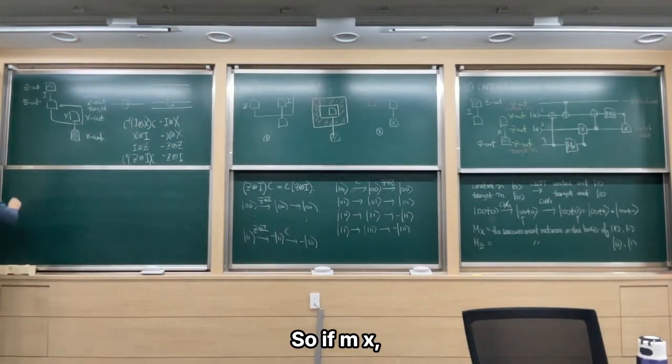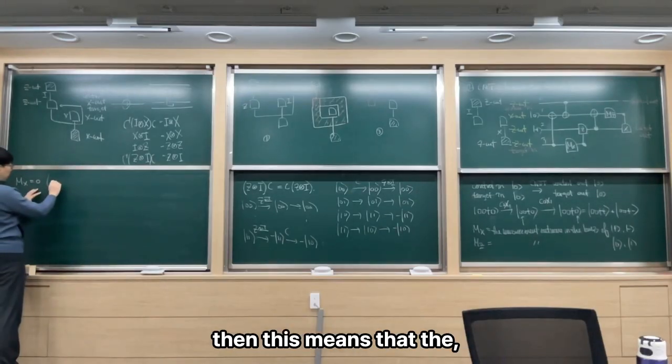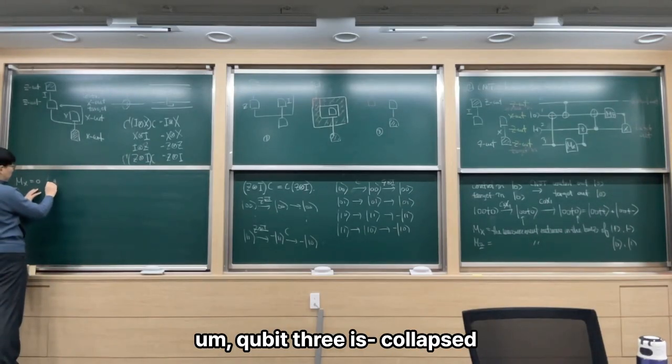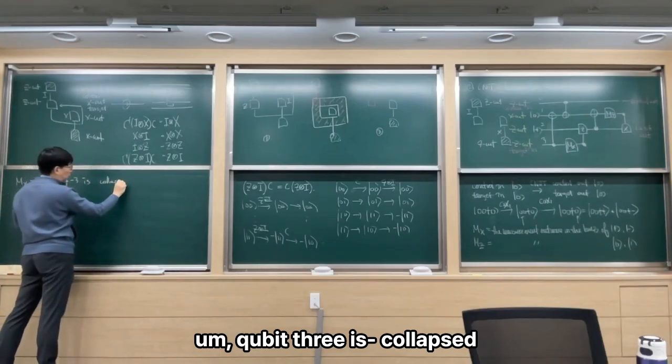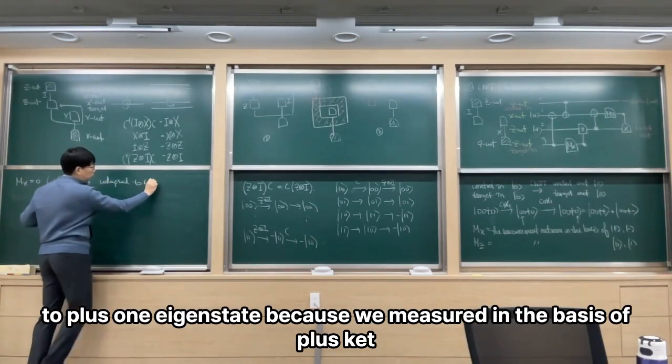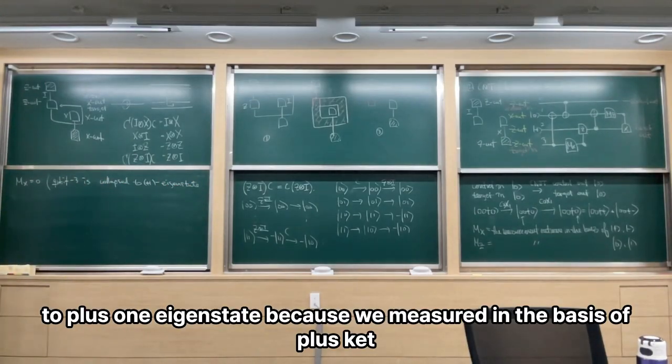0 or 1. So if mx, the measurement outcome, is 0, then this means that the qubit 3 is collapsed to the +1 eigenstate, because we measured in the basis of plus ket and minus ket.